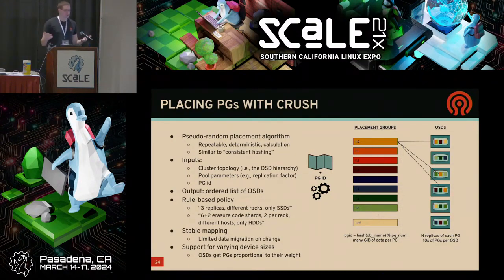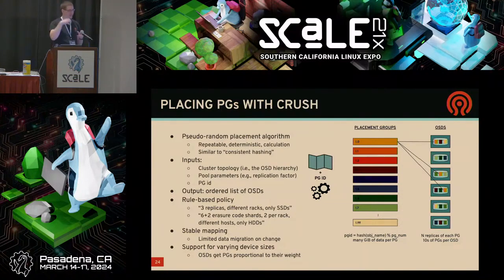The inputs to the Crush algorithm are the cluster topology, which is just the OSD map basically, and the description of the pool. We've been talking about 3 copies, and that's the normal system, but you can have a 2-copy pool or a 6-copy pool. You can have erasure coding, which is very wide and involves 20 OSDs, and a PGID.